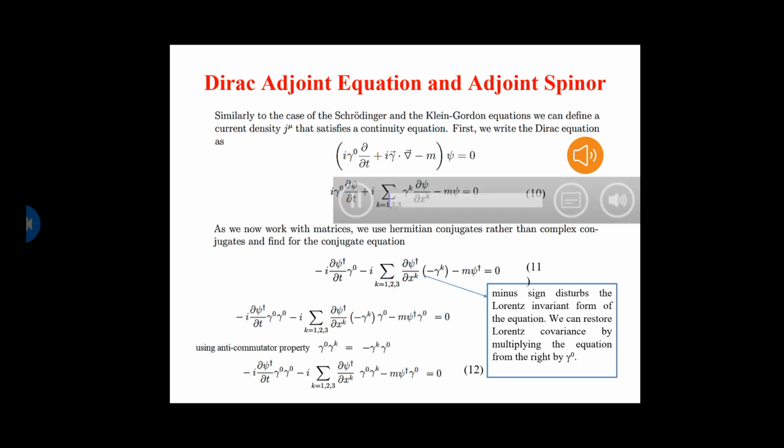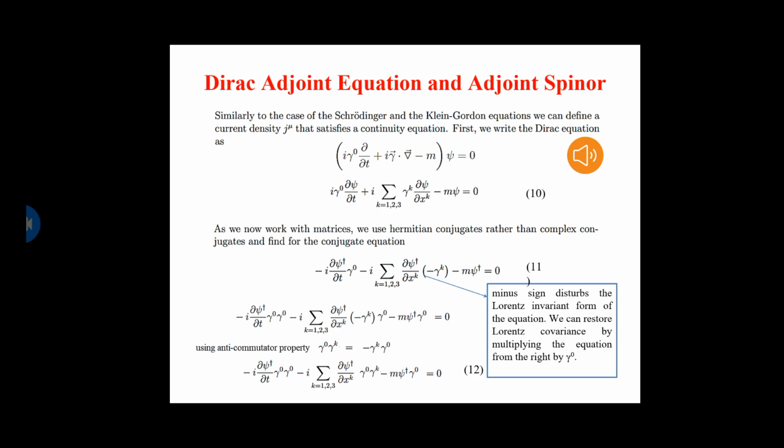Next point is Dirac adjoint and Dirac spinor. Similarly to the Schrödinger and the Klein-Gordon equation, we can define a current density J mu that satisfies a continuity equation.